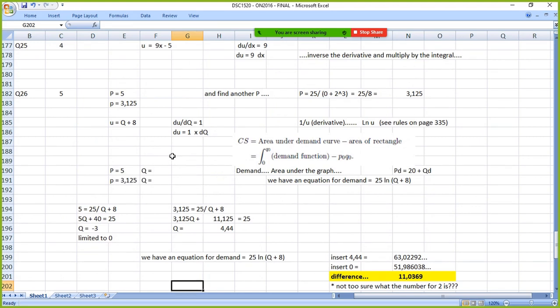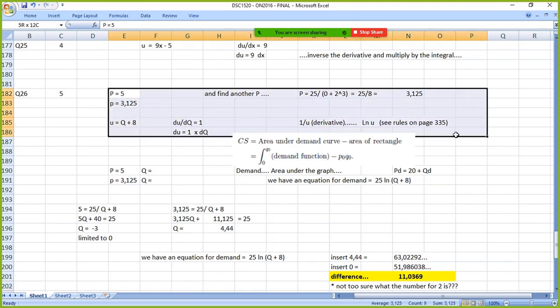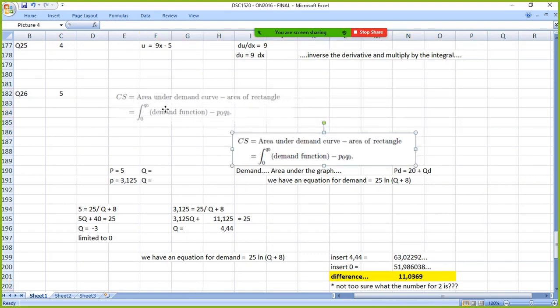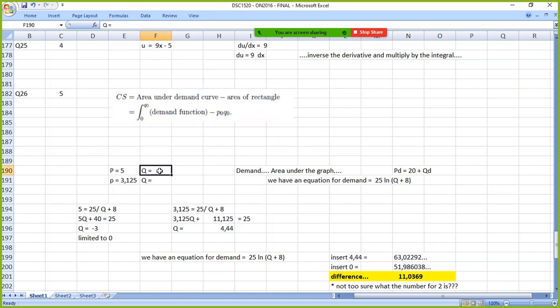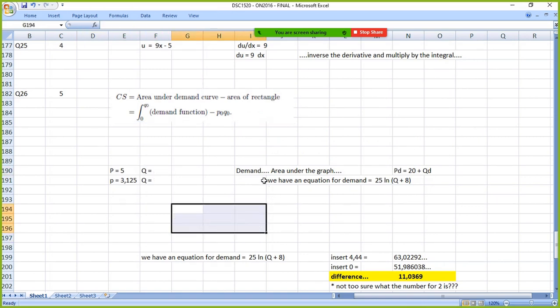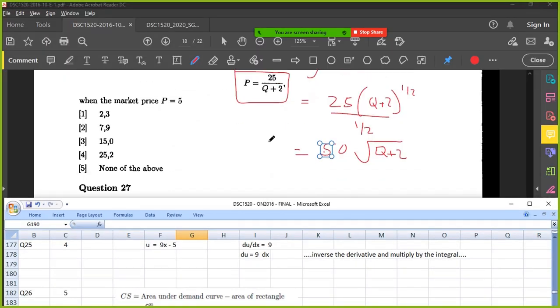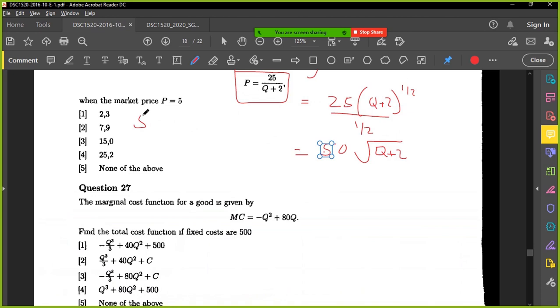Okay, let me delete that. Let me just put that there, and then let me solve for Q. I think I might have made a mistake there with the P and the Q. Okay, so Q here is going to be, P is 5, 25 over Q plus 2.